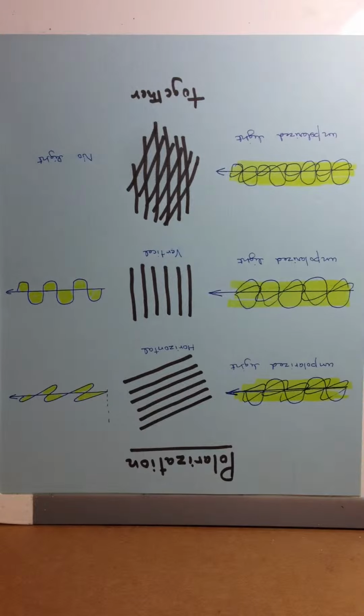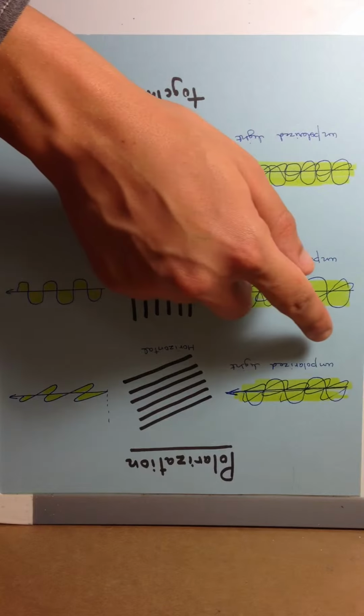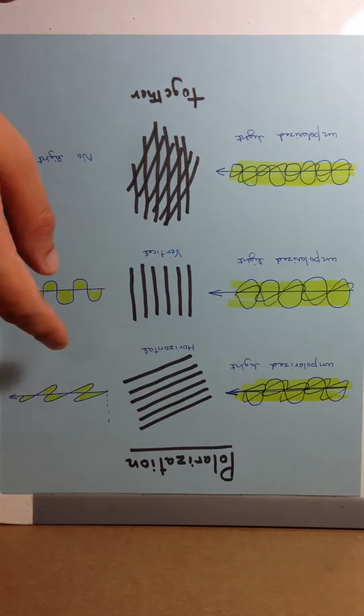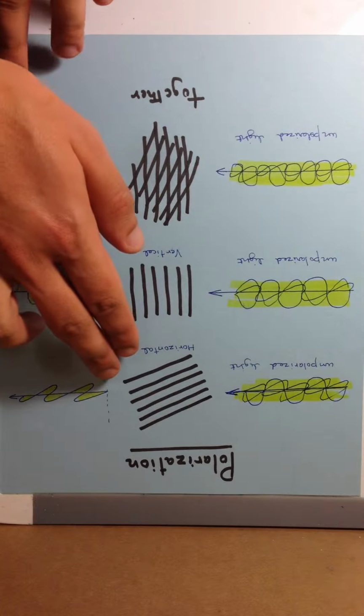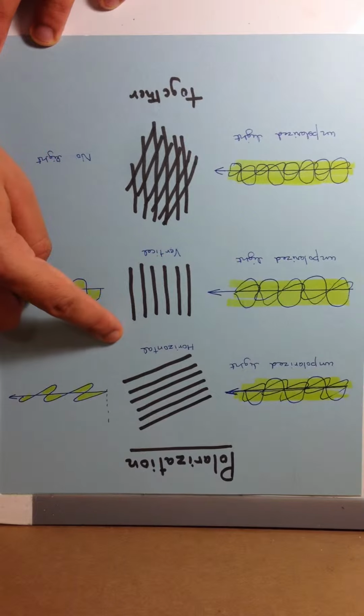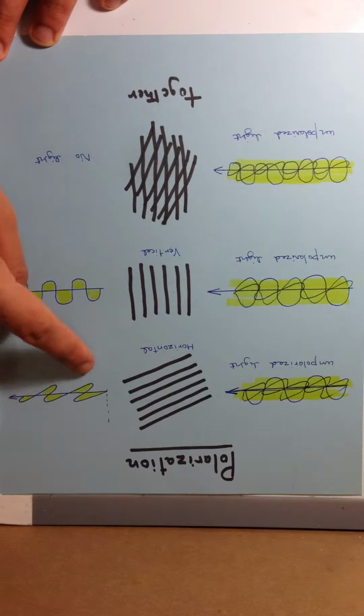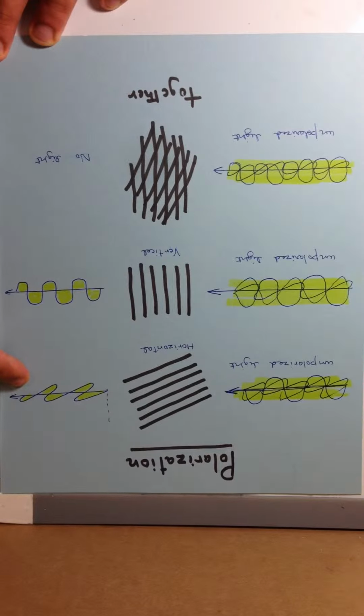Let's study polarization first. Certain materials known as polarizers, when we pass unpolarized light through them, allow light to travel only in a single plane. So in this case, for example, unpolarized light when passed through a horizontal filter or polarizer becomes plane polarized light in the horizontal direction.